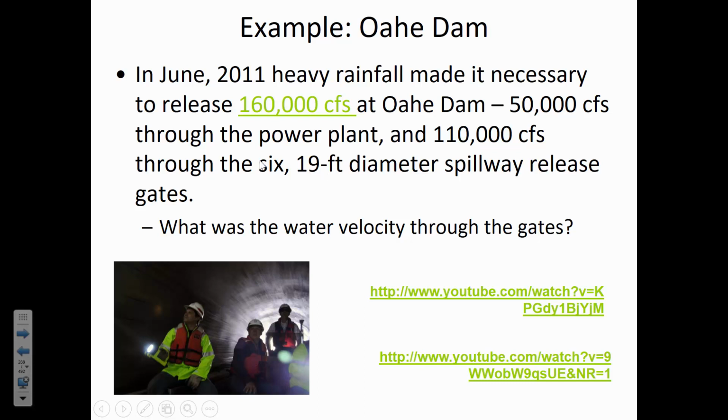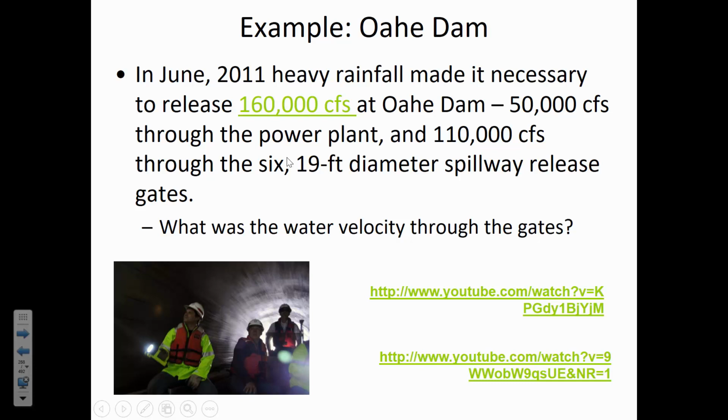So what I'd like you to do is use the equation that I've shared with you before, Q equals V times A, where remember V is velocity, A is cross-sectional area, and Q is flow rate.